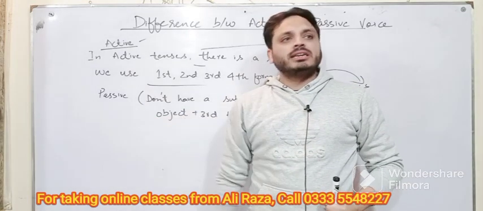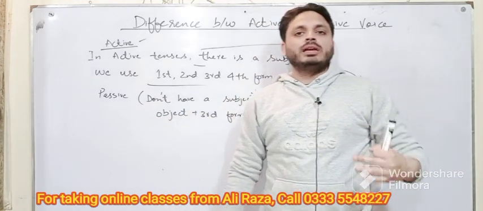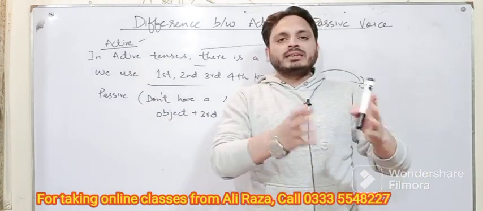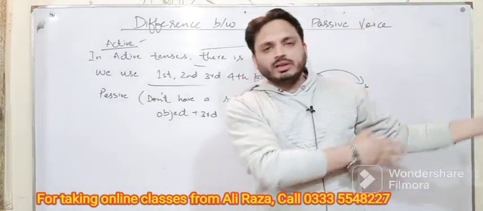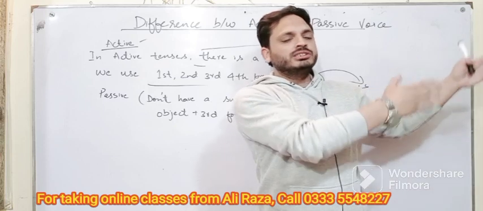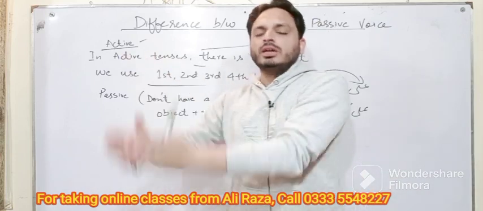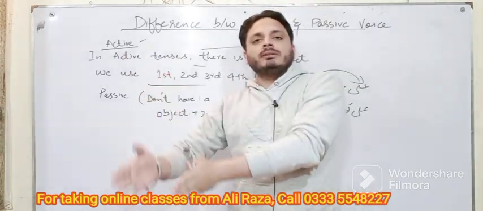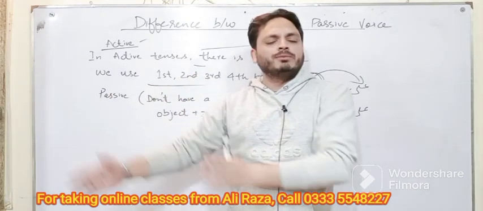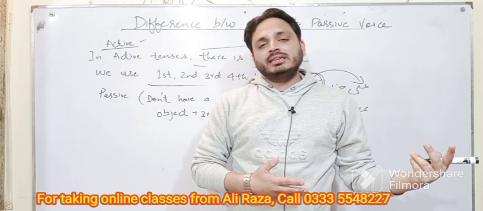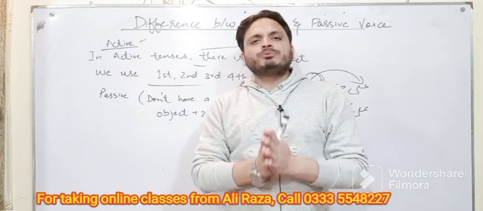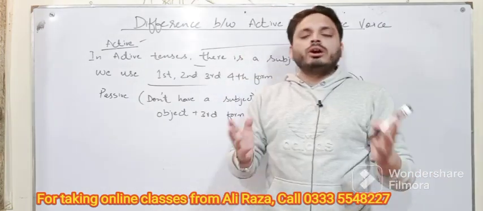In my school life, I still remember, I used to learn active and passive voice by cramming it: this is present active, and for the passive we have to use the third form with is, am, are, was, were, and this type of thing. But when I grew up, I came to know that this was absolutely a wrong practice.